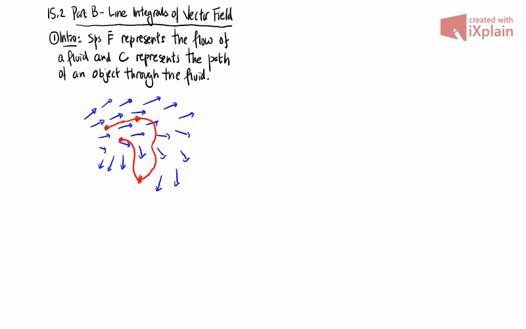So what we see is at each point some work may be being done by the fluid on the object, and in some places the work is negative, in some places there's no work, and in some places the work is positive. So let's say the fluid does work on the object as the object moves.